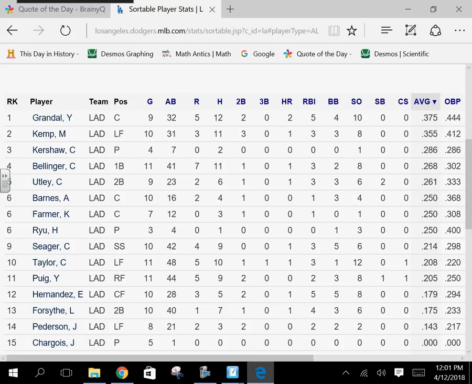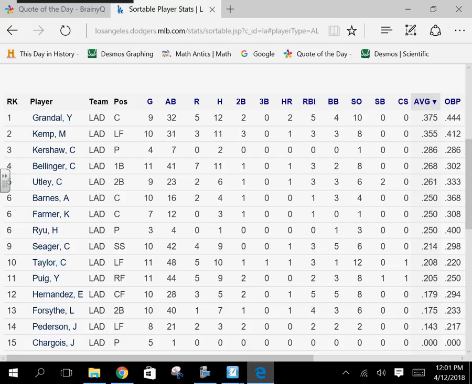SO. Strikeouts. Oh yeah, BB. What does BB stand for? So Grandal has 4 baseballs in his pocket. What does BB stand for? That's at bats right here. But bats is just one B. Should I give an extra stamp for someone who can tell me what BB stands for in baseball?